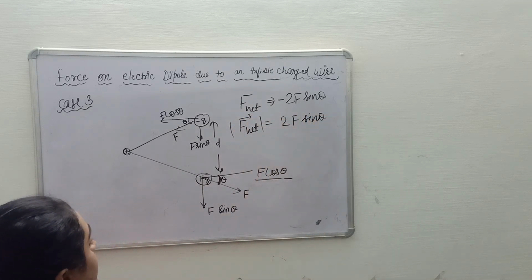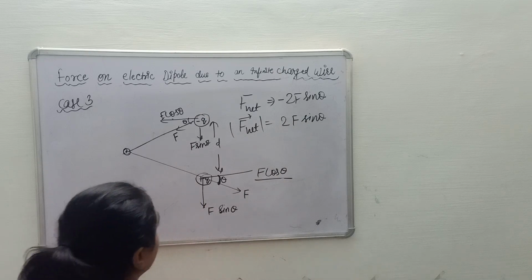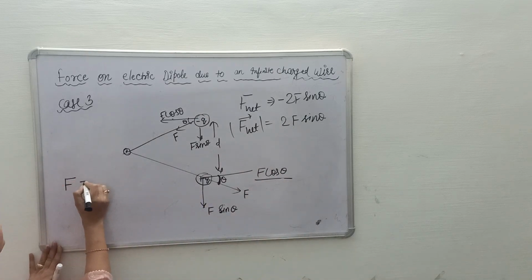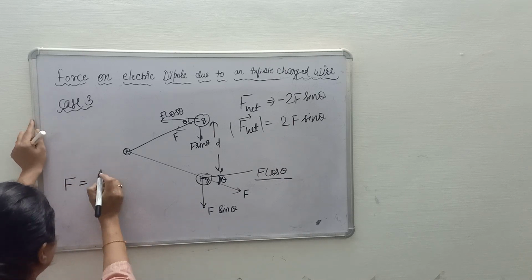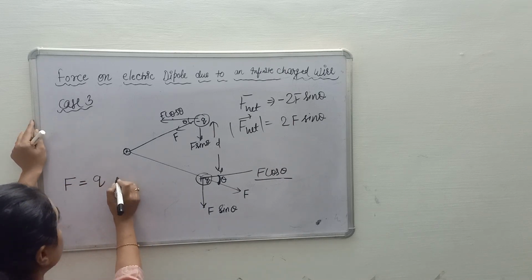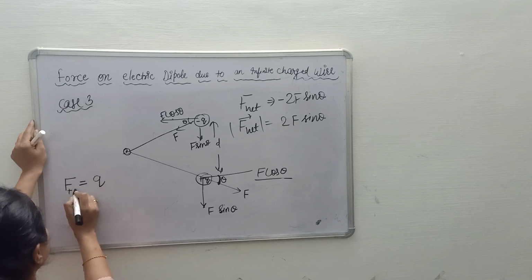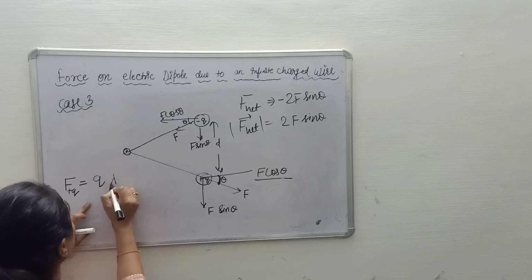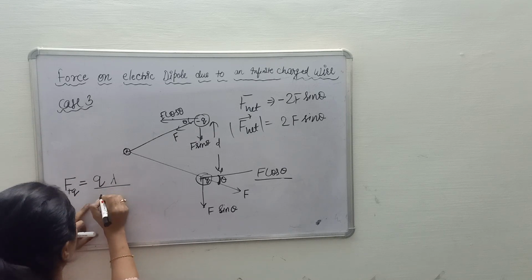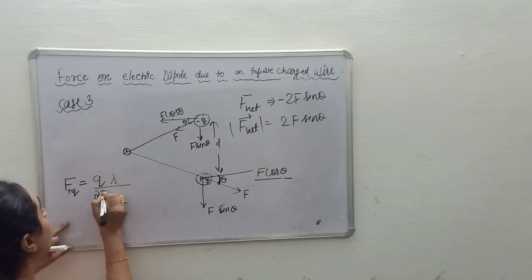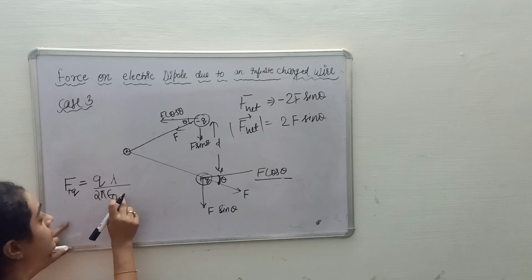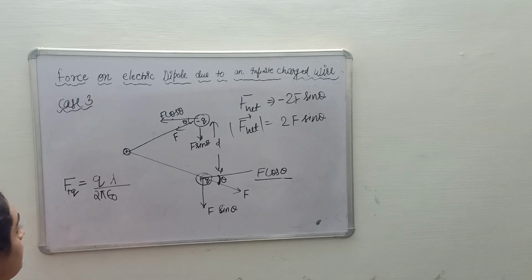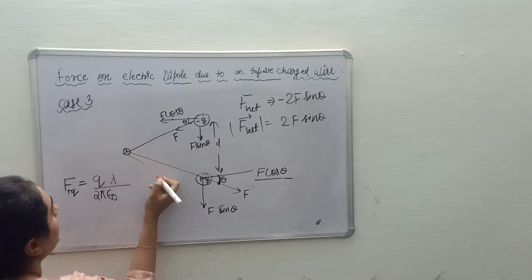Now what is the value of theta and F? F is Q times the electric field on the positive Q, so it's Q times lambda by 2 pi epsilon naught r, where r is the distance between the wire and the charges.